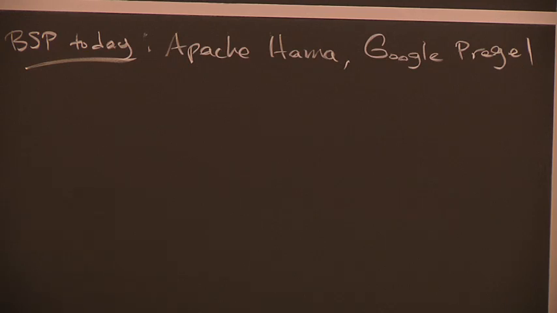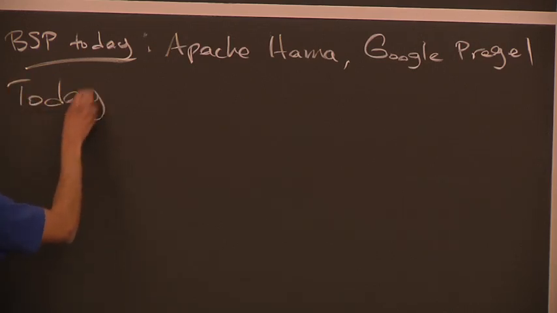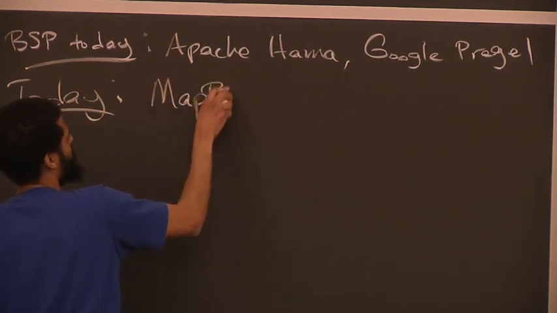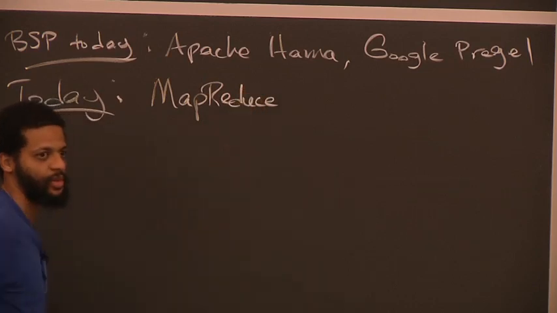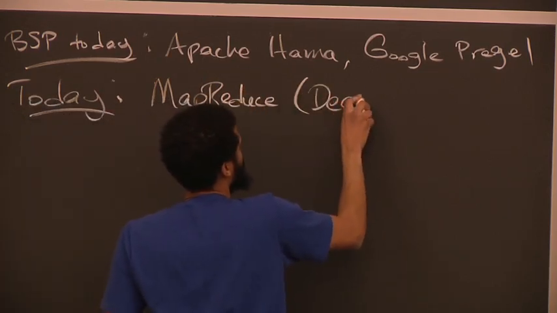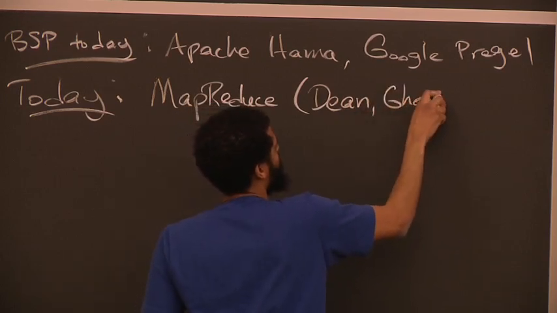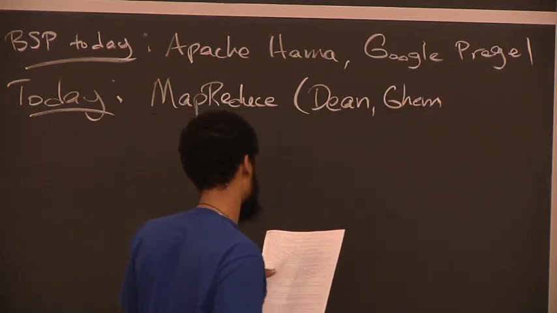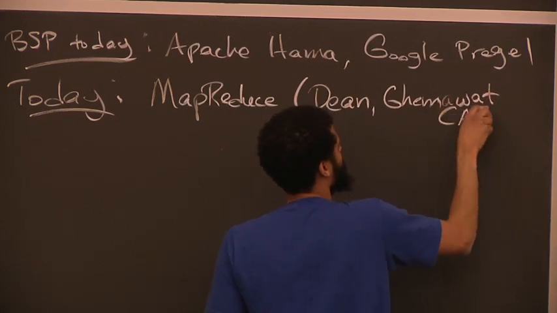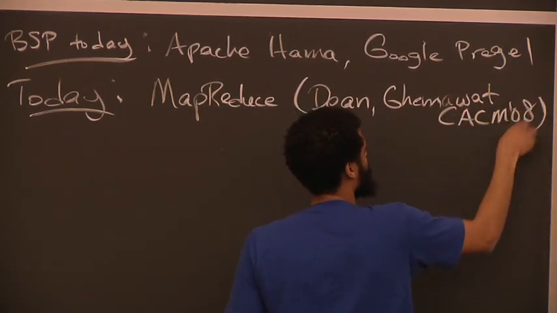Today we're going to talk about a model that's simpler to introduce. It has fewer parameters. Today we're going to talk about MapReduce. Okay, and that was introduced by Dean and Ghemawat.